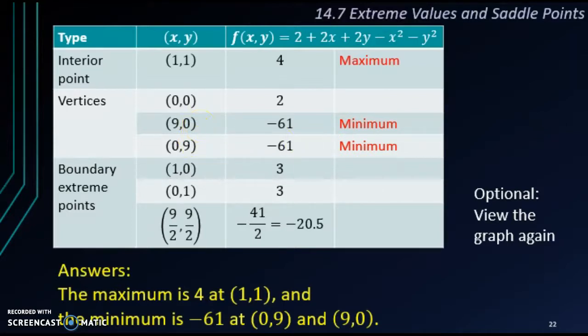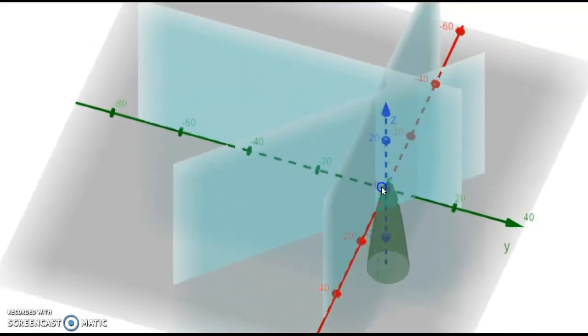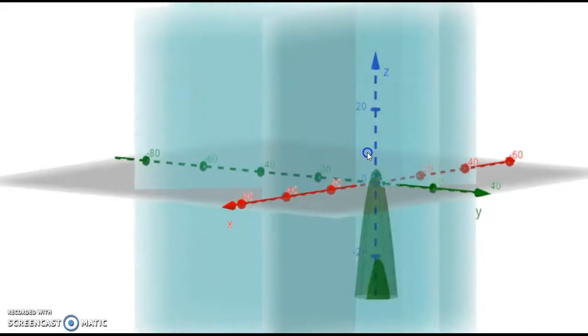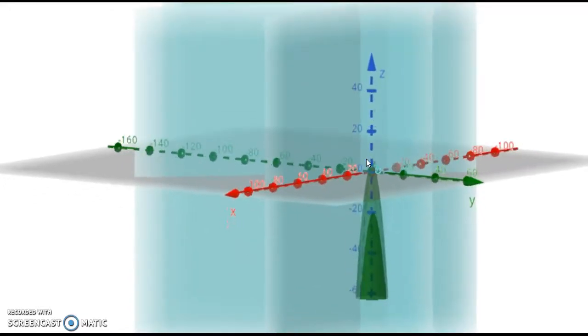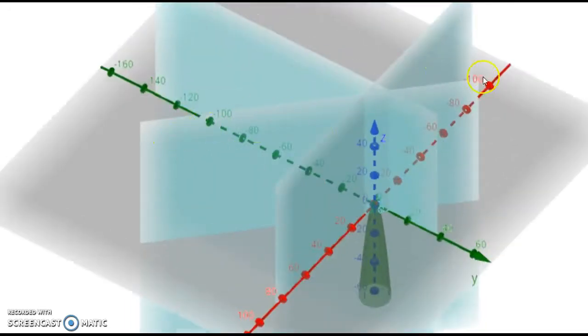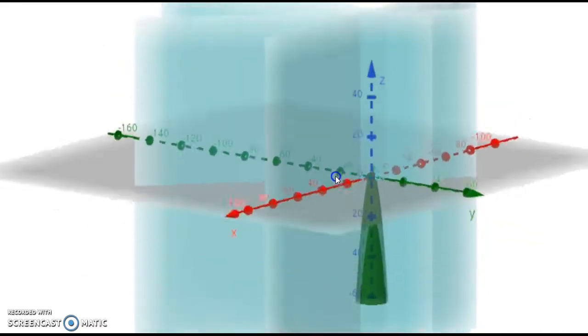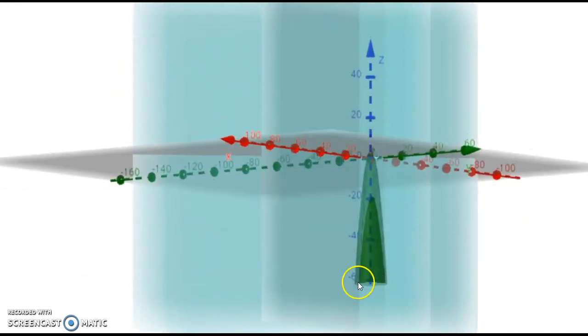So we can look at the graph again. Here is the graph. Let's take a look here. So if I keep on zooming out, we see that at this side, which is at this plane, we have the minimum of negative 61 at 2 points.